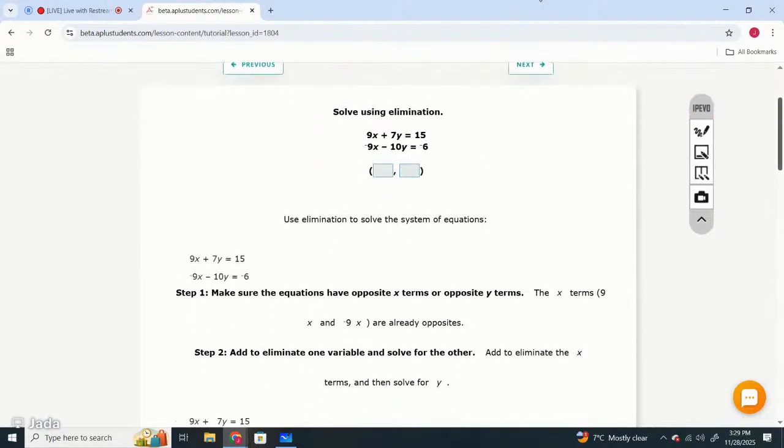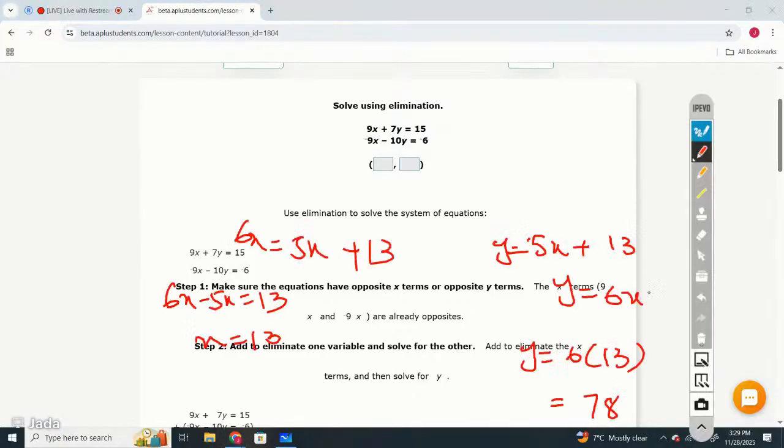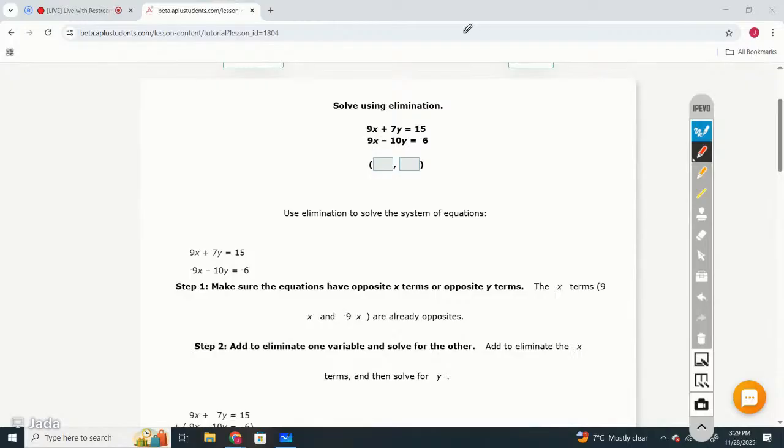So we have to eliminate a variable, right? So just look at the variable x. We have 9x and negative 9x. So if we add the equations, we can eliminate the variable x. So we need to add both the equations, right?